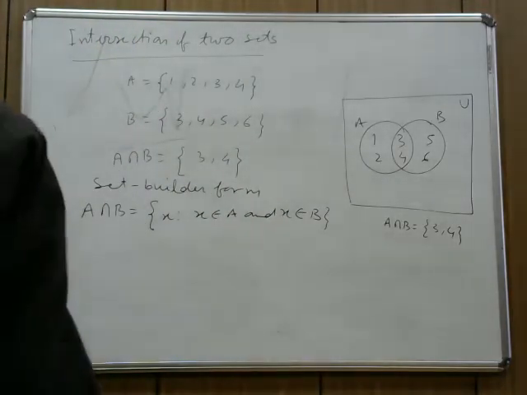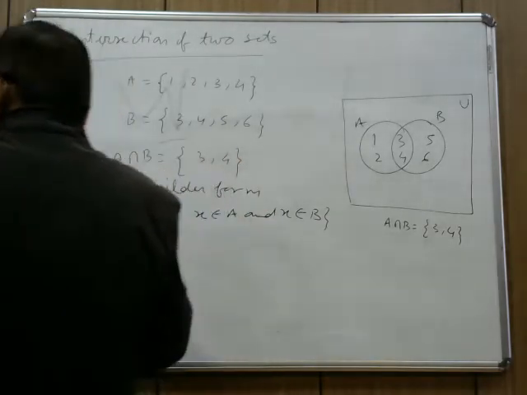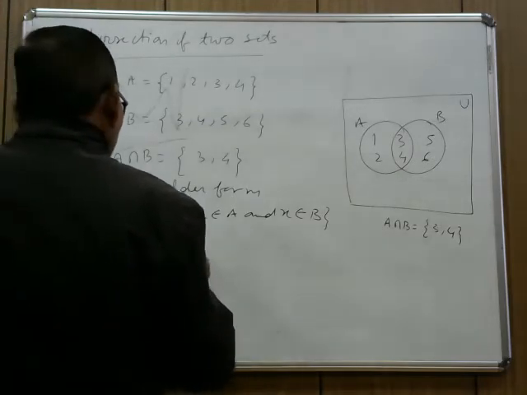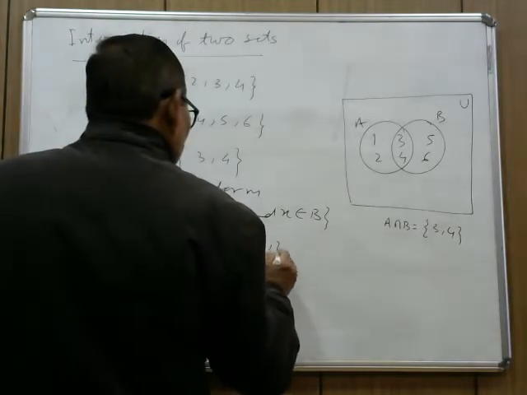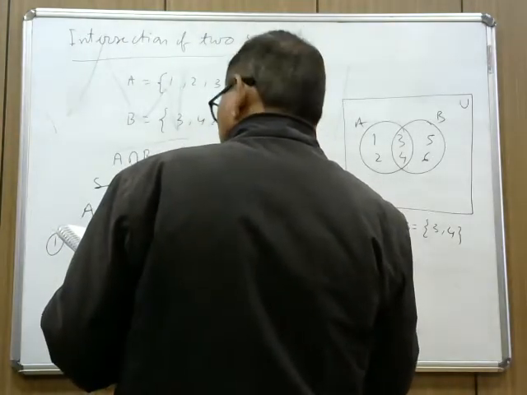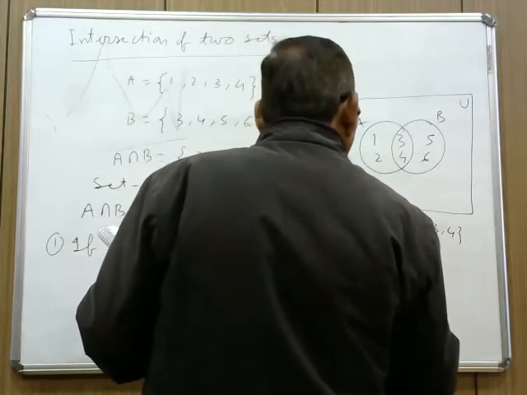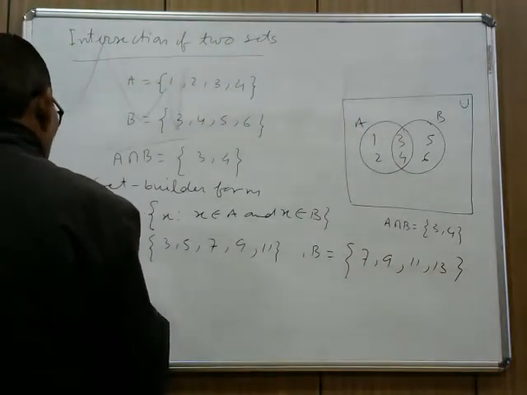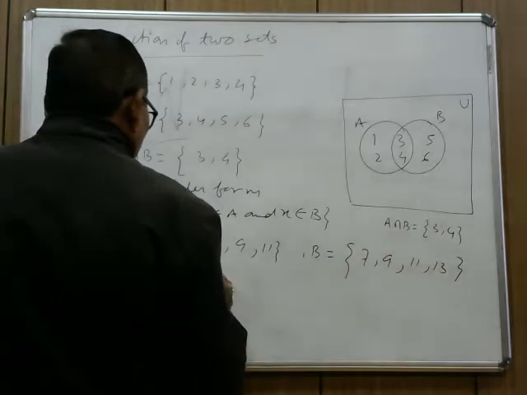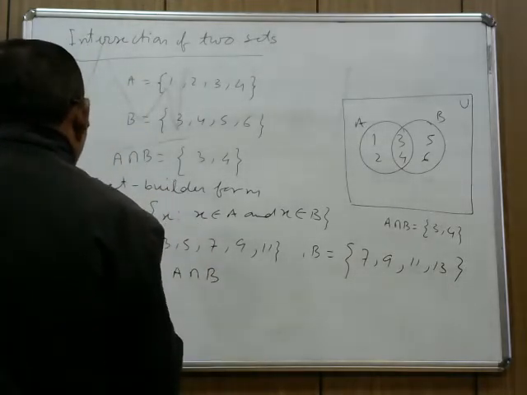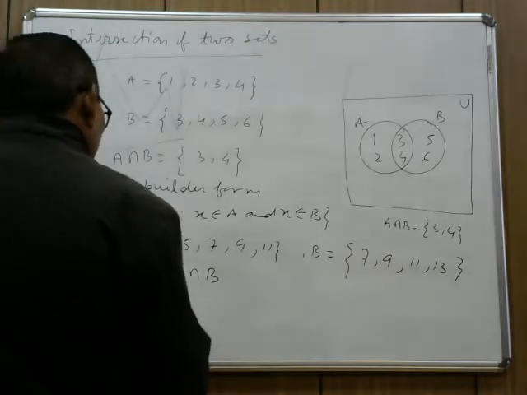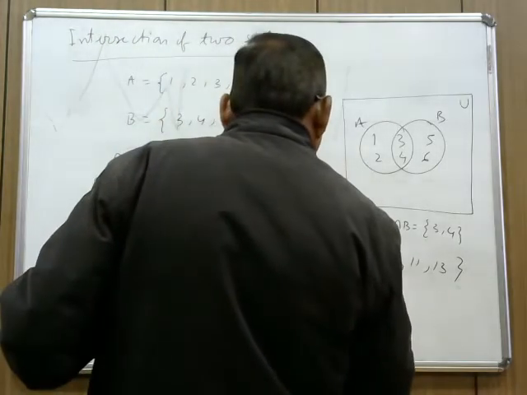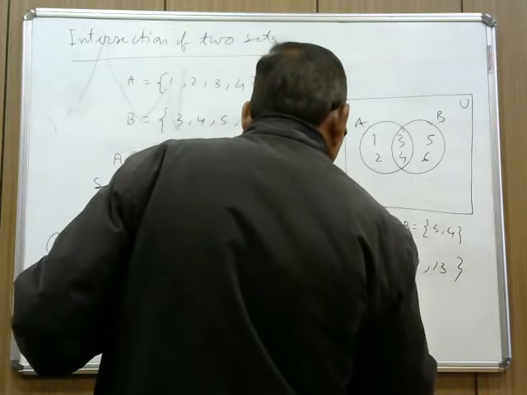Now you take questions on intersection. Question number 1. If A equals 3, 5, 7, 9, 11, and B equals 7, 9, 11, 13, then find A intersection B. For A intersection B, first you write set A, 3, 5, 7, 9, 11, intersection 7, 9, 11, 13.